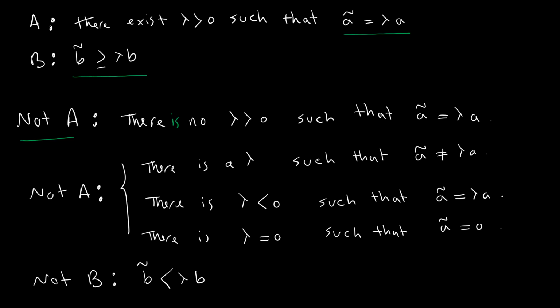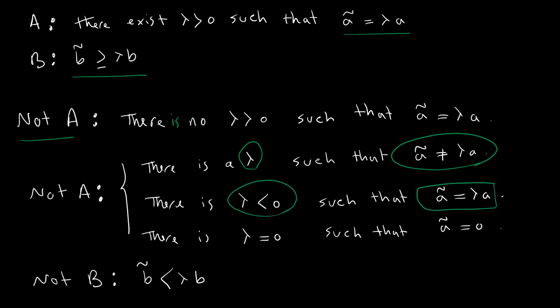First case says that there is a lambda where we have no equality. And the second case is the case that lambda is less than 0 and we have this equality. And the last one says that lambda equals 0 such that A tilde equals 0.